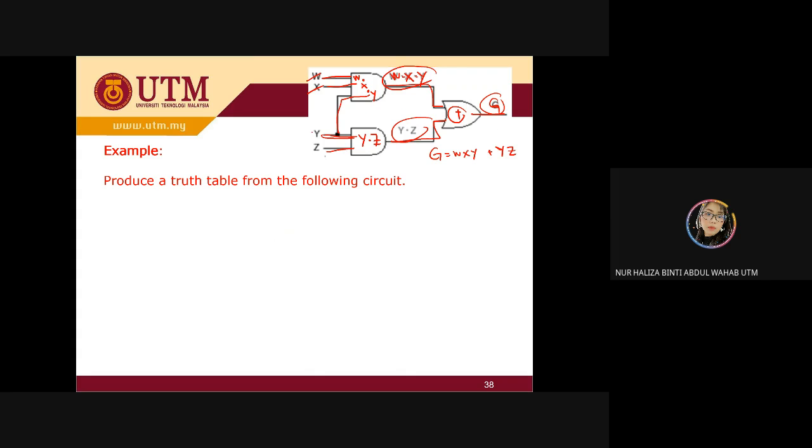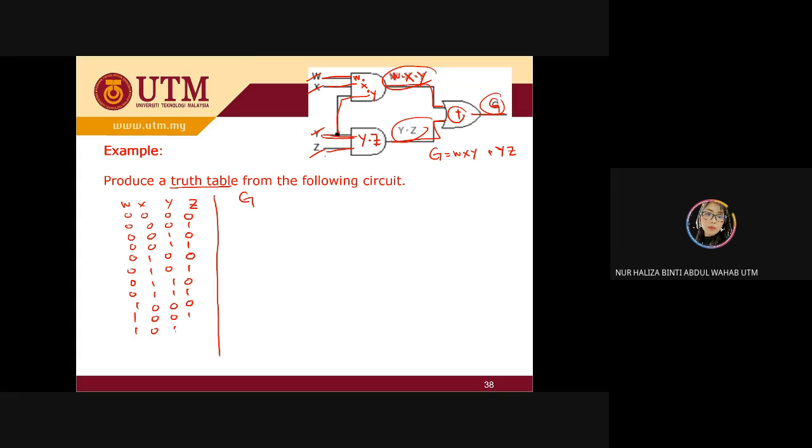How about my truth table? I have 4 inputs: W, X, Y, Z, and my output G. This is all my input.